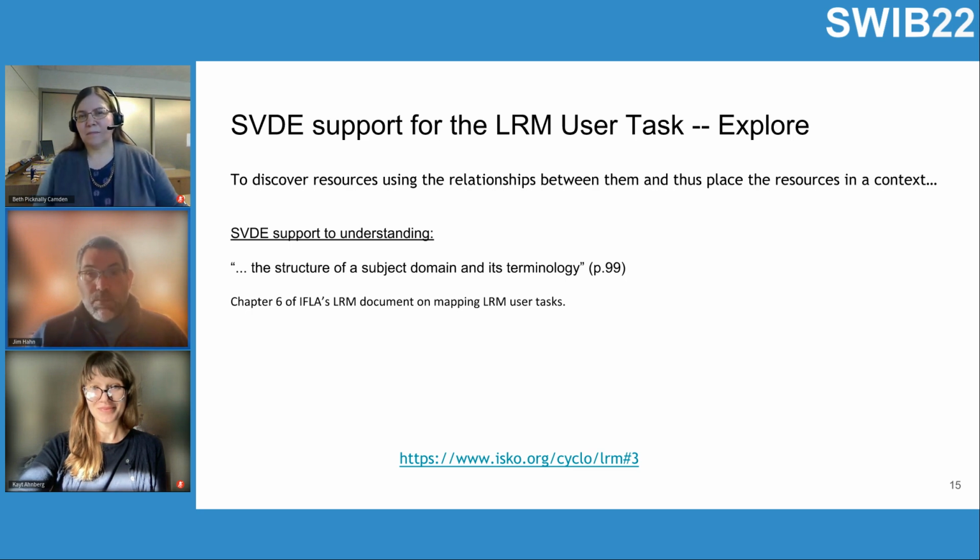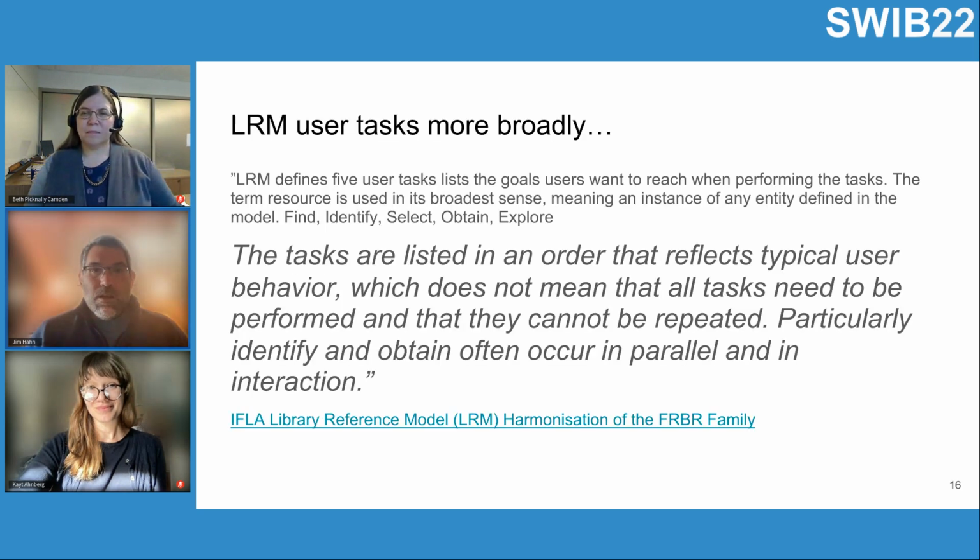And if you think about the way that many scholars are approaching interdisciplinary work, understanding quickly the structure of a subject domain and its terminology is quite important. On the next slide, we highlight more broadly the user tasks. They're not all tasks.